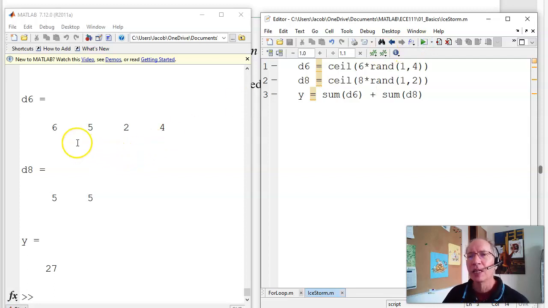Okay, so here's my 6-sided dice. Looks believable. There's my 8-sided dice. A little worried about 2 5s. Run the code a couple times to see that it's making sense. And 8-sided dice are numbers between 1 and 8. 6-sided dice are numbers between 1 and 6. Okay, that all looks good. Once that works, I can throw in the semicolons.